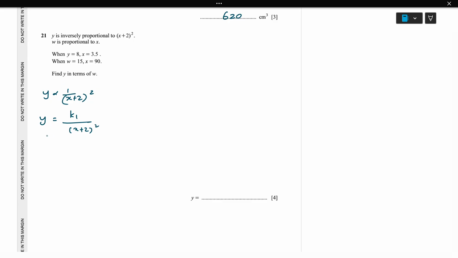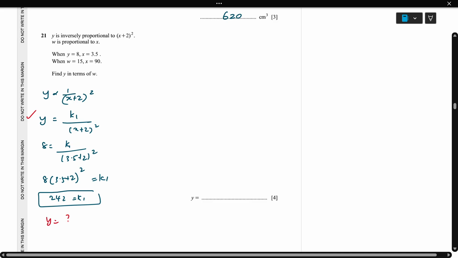So value is given, y equal to 8 equal to k1 over x is 3.5 plus 2 whole square, which is 8 into 3.5 plus 2 whole square equal to k1, which is 242. So k1 equal to 242. Plug in this value here, which is y equal to 242 over x plus 2 whole square.